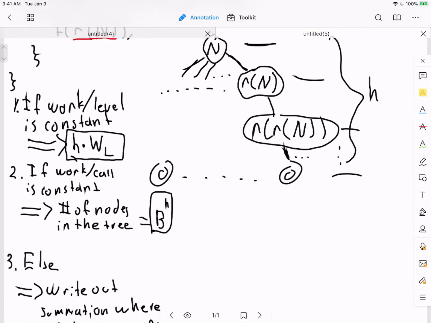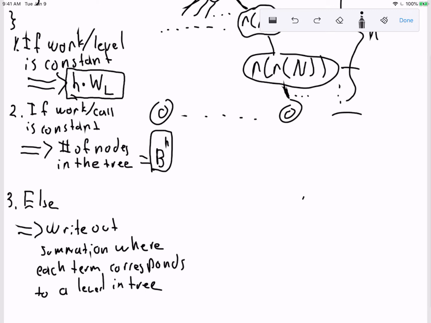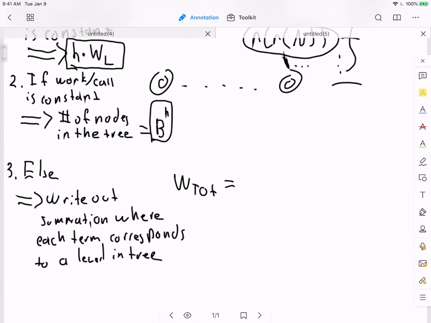Okay, so I guess what I mean by that is, for example, let's see what that would look like. Then your sum, I'll say that work total is going to equal, well, the first level is this one where it's just n. How much work does that node do?